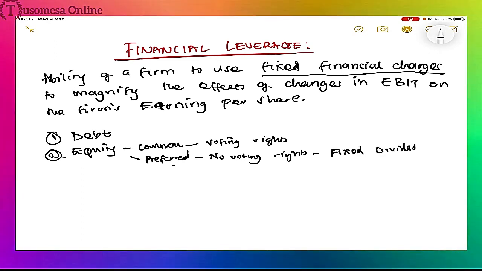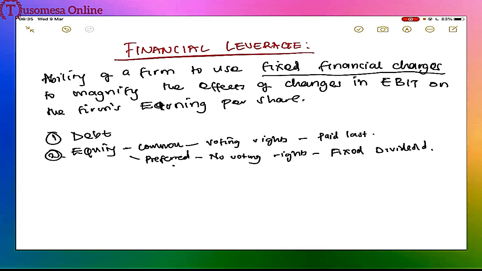You are guaranteed a fixed dividend, say at the end of the year. While if you buy common stock, then you are not guaranteed. You get paid last, after all the other people have been taken care of. So those are the two major sources of funds for these companies.